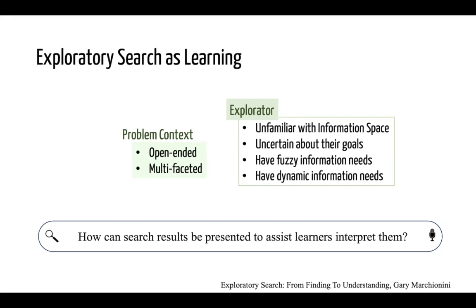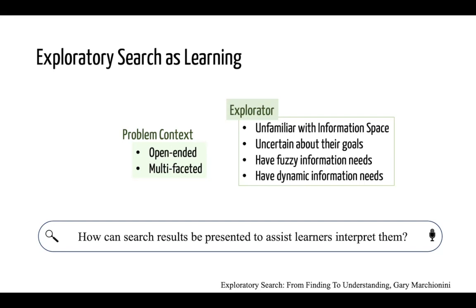And usually they have questions about multifaceted information needs. And learners are trying to learn, so they are not familiar with the information space relevant to their questions. They are not certain about their objectives and their goals that they want to achieve. And all of this makes learners formulate queries for search systems that are not very well formulated.